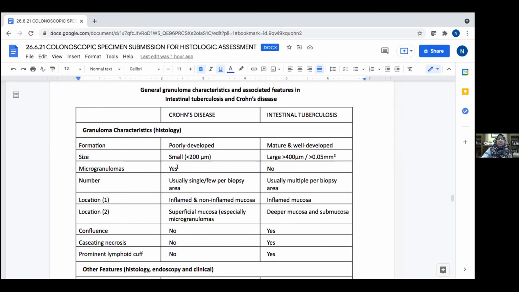You only see them in Crohn's disease. If you think it's a microgranuloma, just make more levels to make sure that you are really dealing with microgranulomas. After a few sections, the microgranulomas will disappear. If it's a TB granuloma, the microgranuloma which appeared initially will become larger. Okay, so that is one.